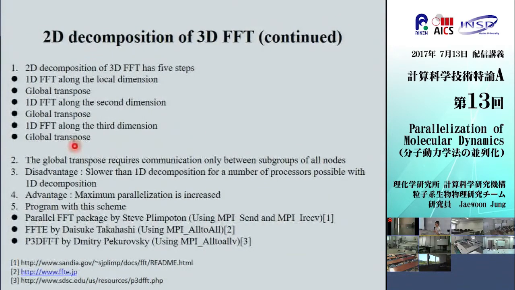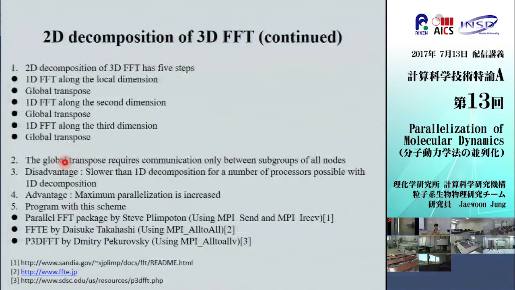If you can make a program such that output can be different from input, then you don't need this communication. You can reduce the communication to just 2. But if you want to make the same array structure as input, then you need another communication. So in this case, 3 communications are necessary.